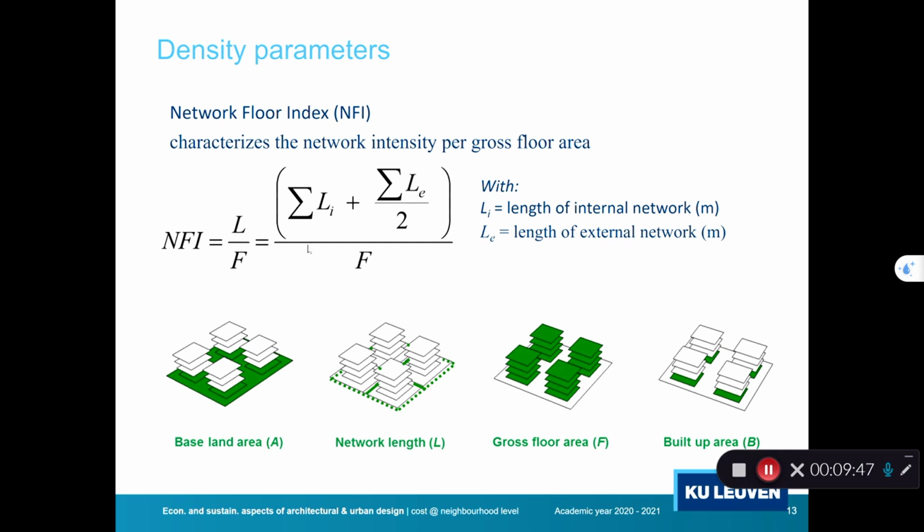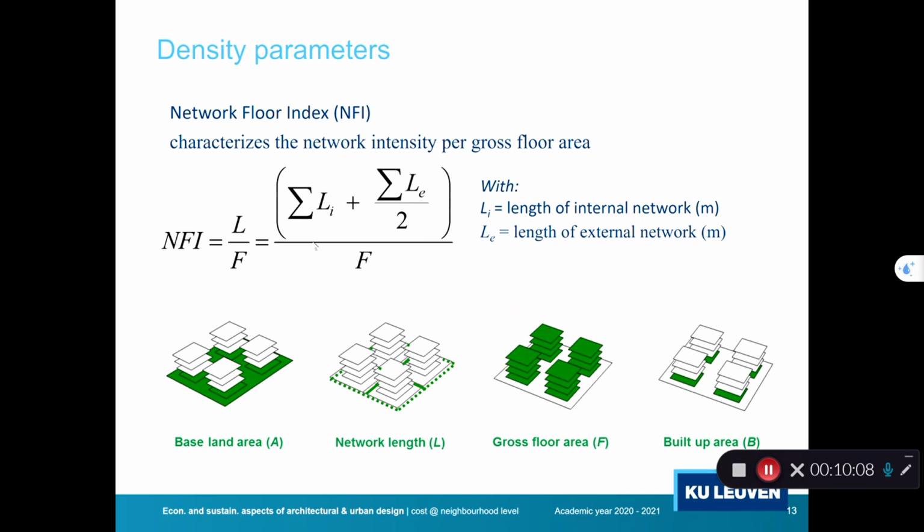The network floor index is the next density parameter. And now it does not subdivide the infrastructure by the baseland area, but subdivides the infrastructure, so the length of the roads, for example, by the gross floor area.